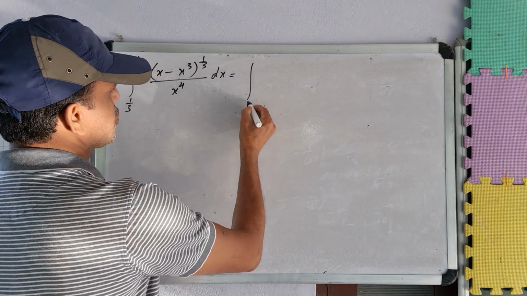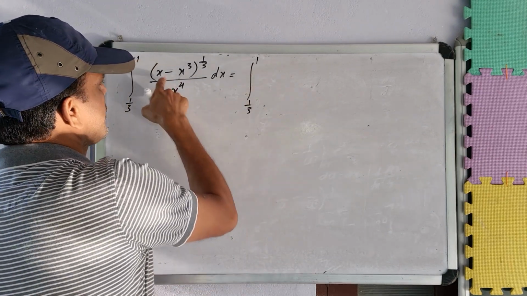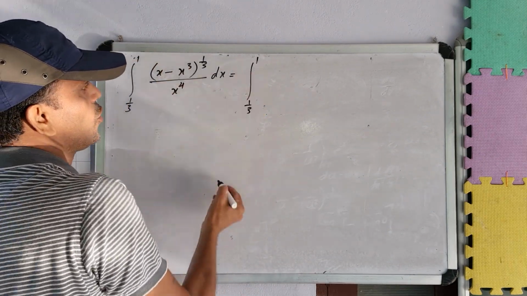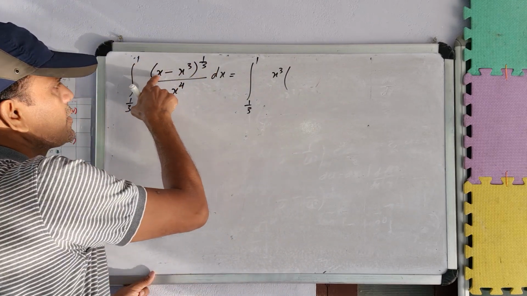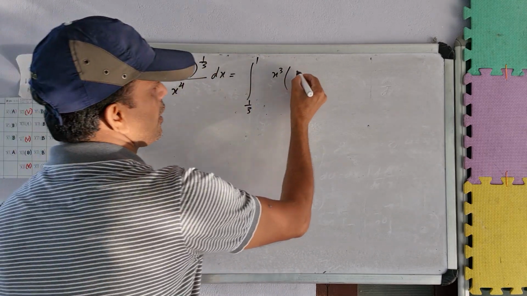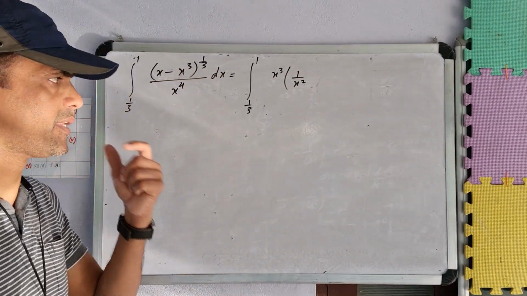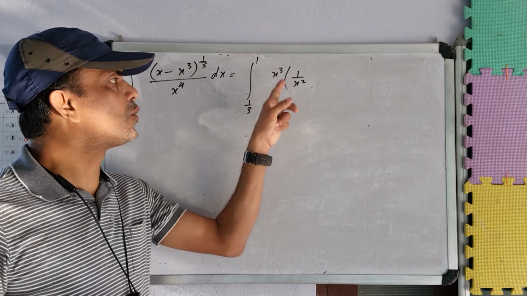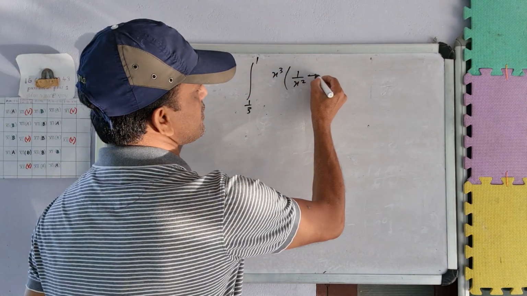So 1 over 3 times 1, and from these two terms, I take x cubed out. So x cubed times, if I take x cubed out from this term, that'll be 1 over x squared. If you have some doubt, you just multiply. So x cubed times 1 over x squared is x, right? And minus 1.